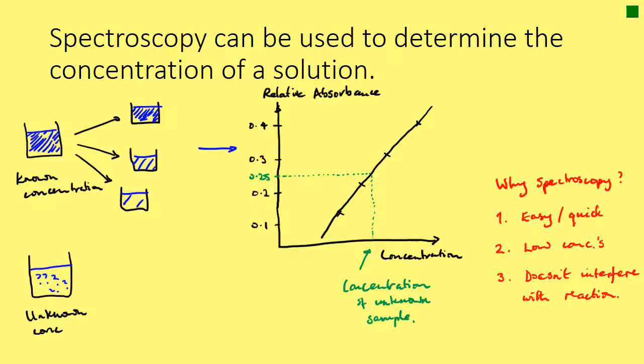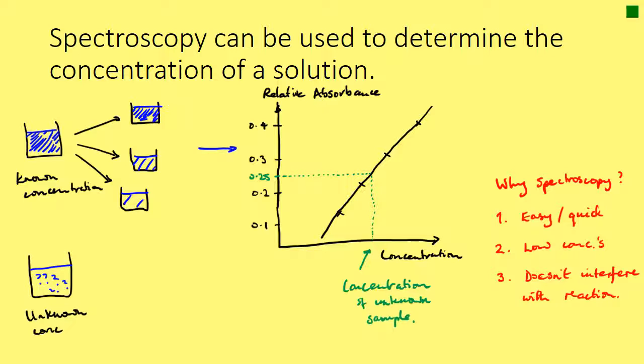And so you'd start off with 2 samples. Let's say you've got a sample of known concentration, and another sample that you're interested in of unknown concentration.